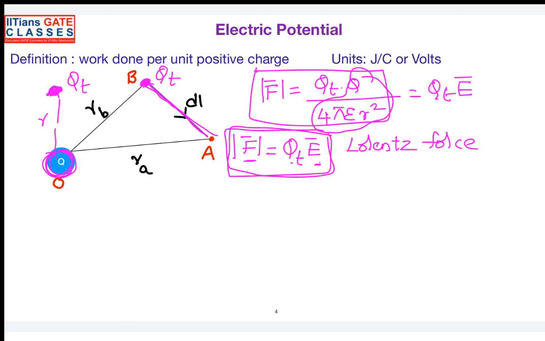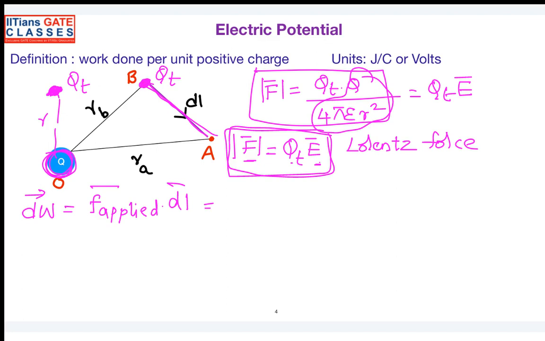We know that the differential amount of work you have to do is the applied force multiplied by the distance. Force into displacement is called the work done. How much force do you need to apply in this case? You need to apply a force such that whatever force exists at this point is nullified.